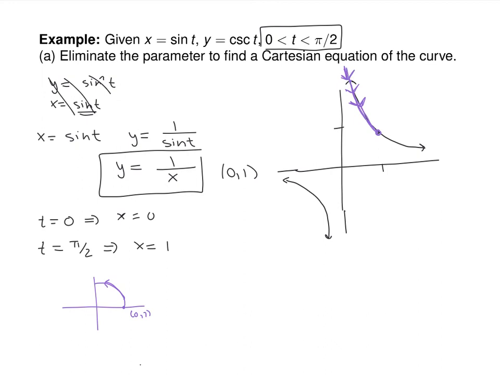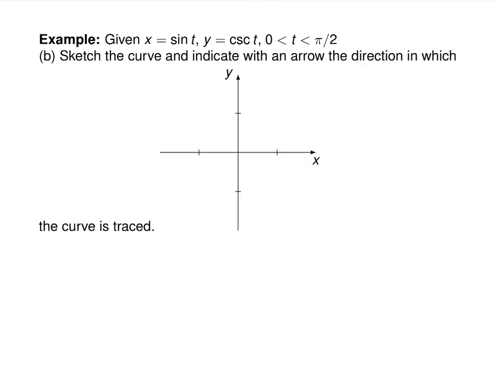And the y-coordinate is 1 divided by that number, and that x is approaching 1, so it's approaching the point when you have 1 over 1. I guess we already did this, but let's do it nicely. So we have an open circle at the point 1, 1, and the curve is traced in this downwards direction.